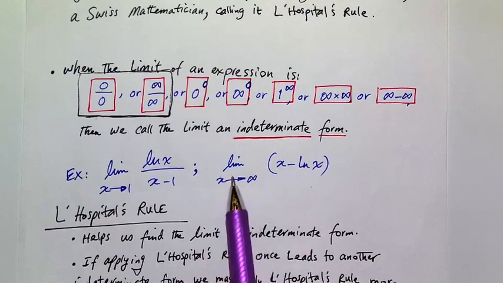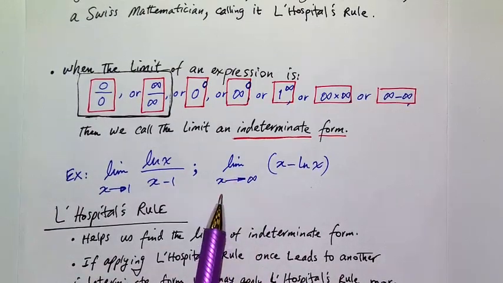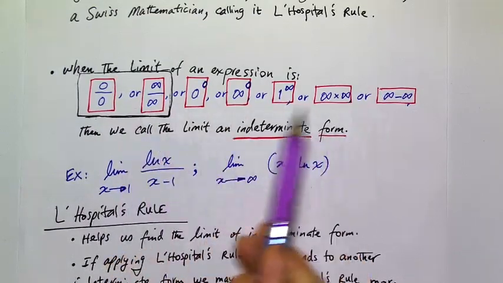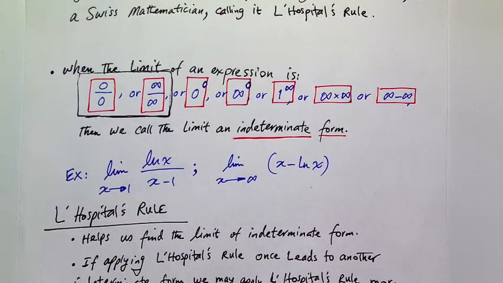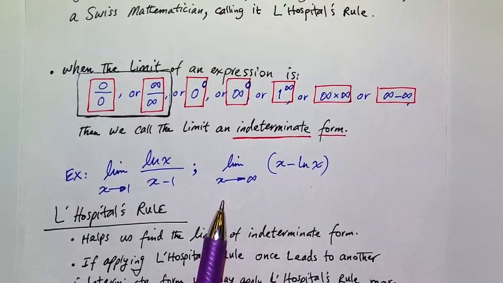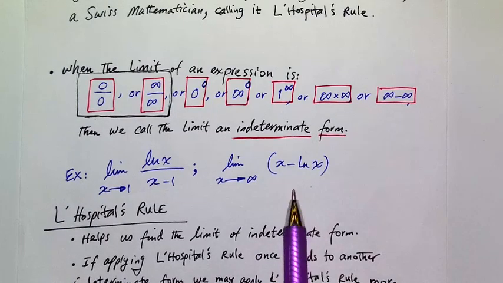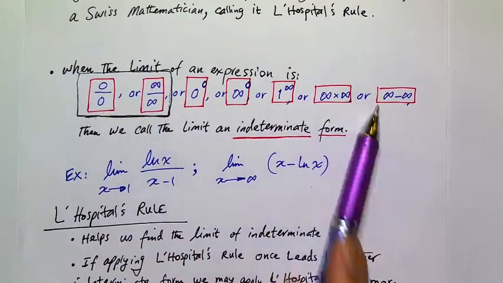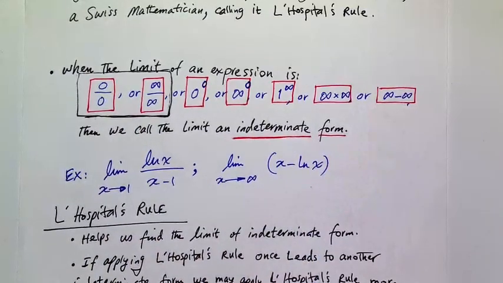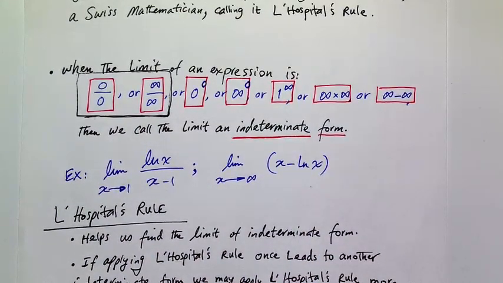If you take the limit of that piece, you end up with some limit that is not one of these forms. For those parts of an expression, we don't need to apply the L'Hopital rule. But we still have to apply it to portions of the original expression where, if you take the limit, you end up with one of these indeterminate forms.